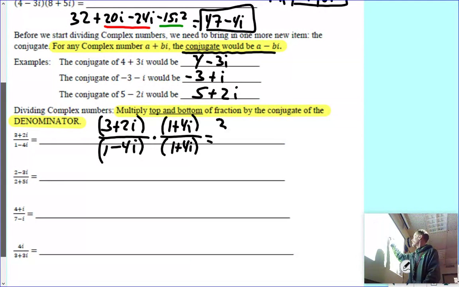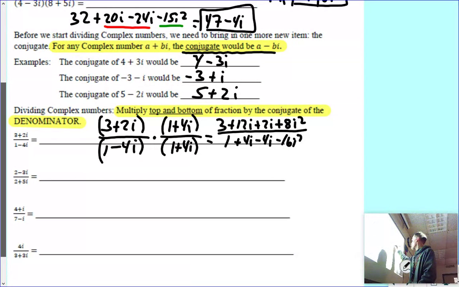So we got 3 plus 12i plus 2i plus 8i squared on top. On the bottom, we have 1 plus 4i minus 4i minus 16i squared. Clean up the top. We know how to do that.